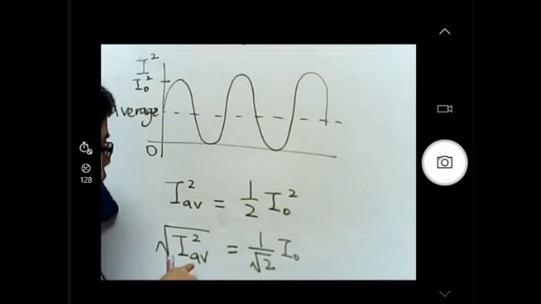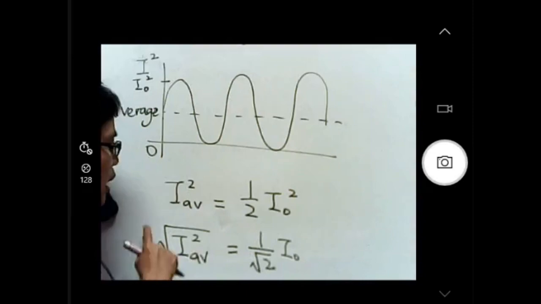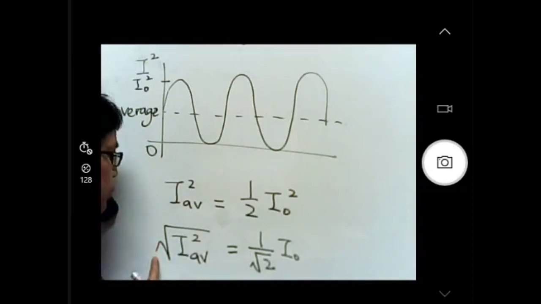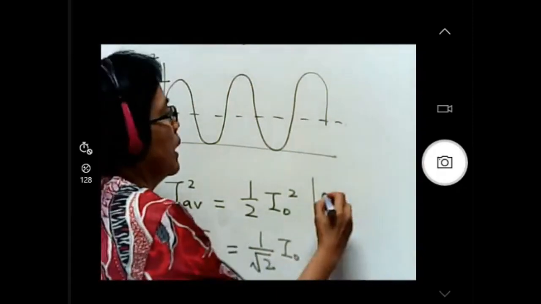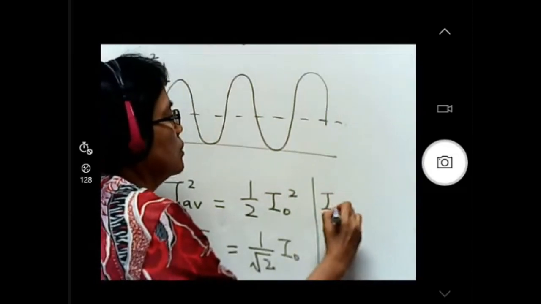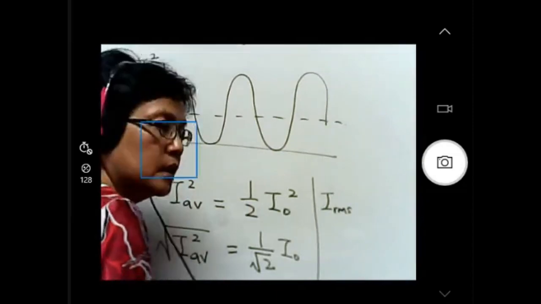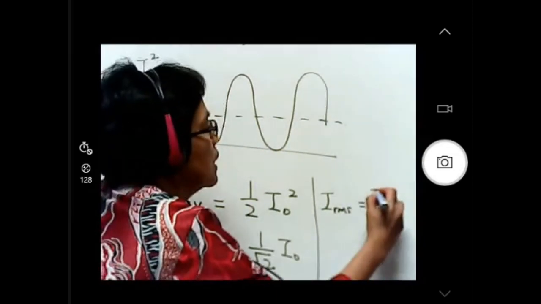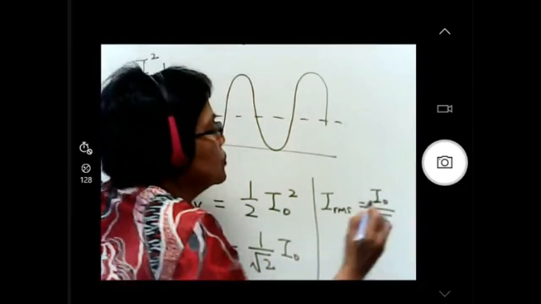This is the average square, which we also call the mean square. When you square root it, it becomes the root mean square current. So we simplify the symbol as I root mean square, which equals I naught over root 2.